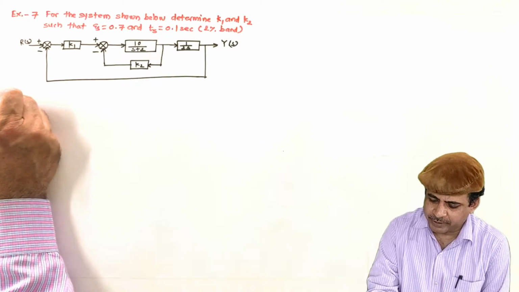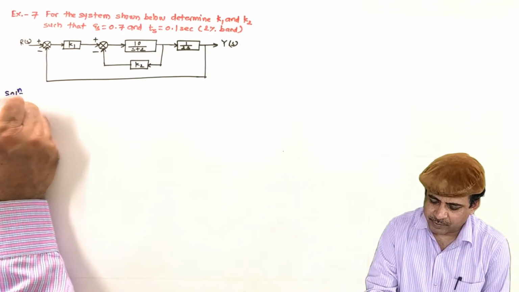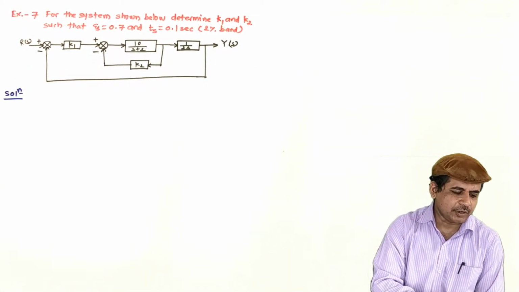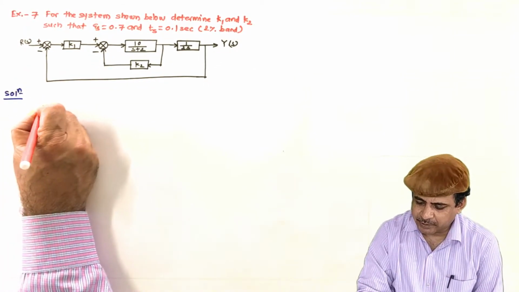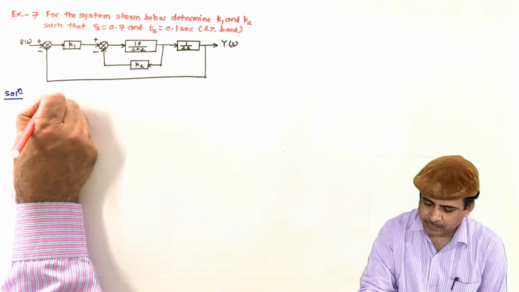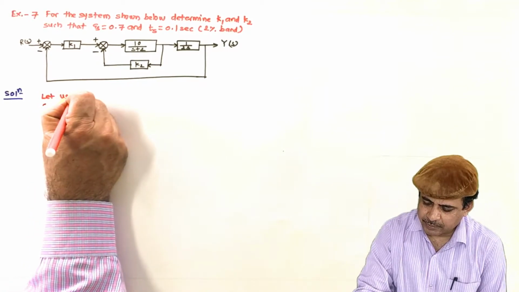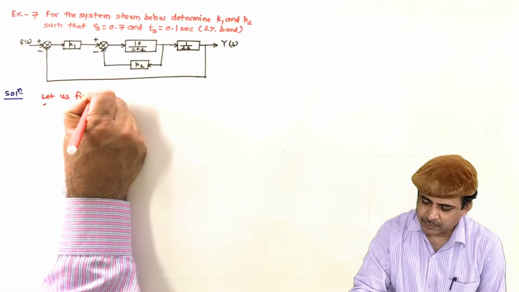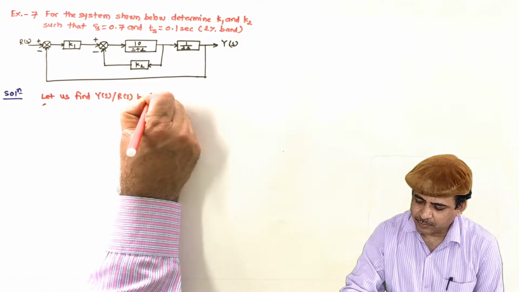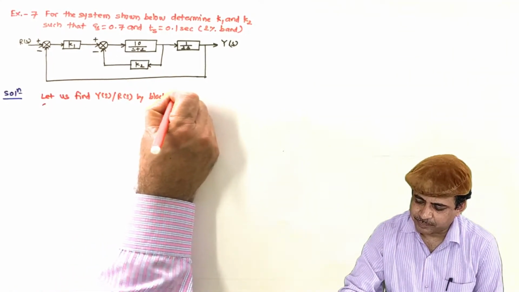So what we have to do here, first we have to resolve this. Let us find Y(s) by R(s) by block diagram reduction.